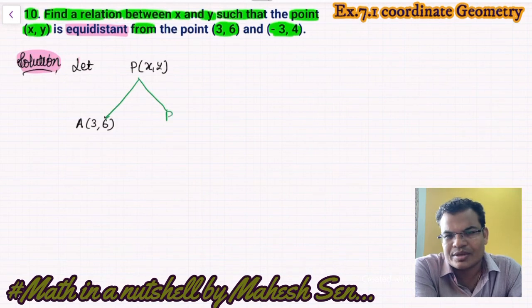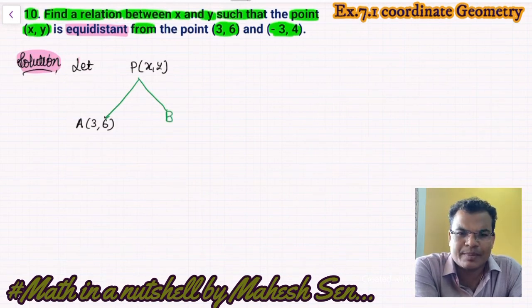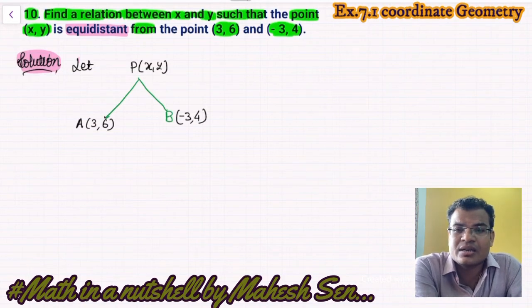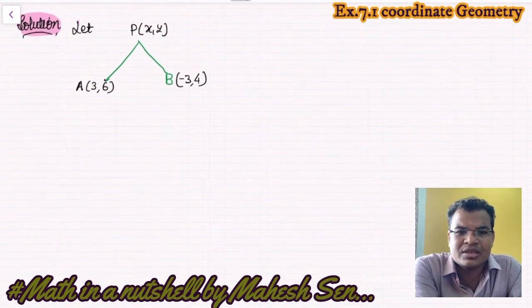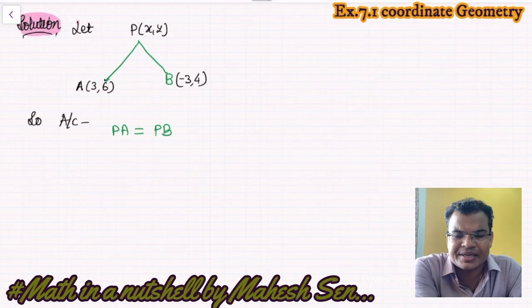This is the second point. Now your job is to apply the equidistance concept here, as I did in the earlier question, question number 7. So PA and PB are equal. This is given: PA and PB are equidistant from the point P. So according to the condition, PA equals PB.